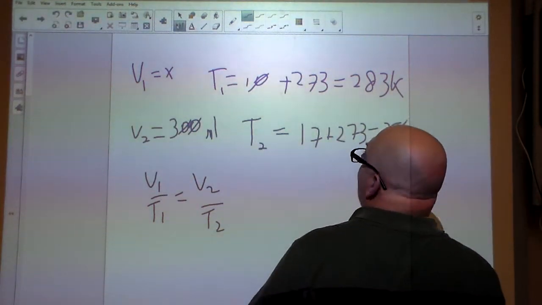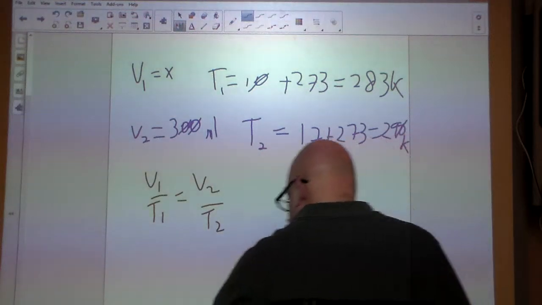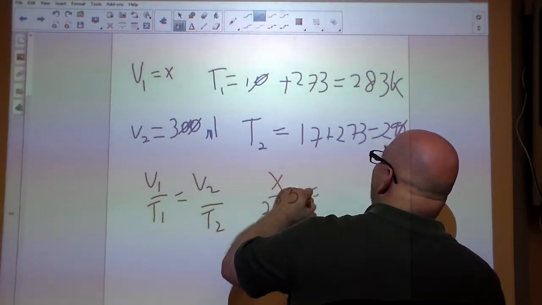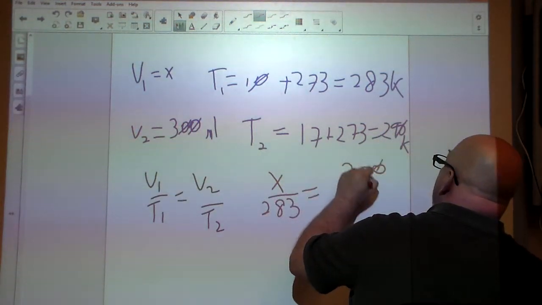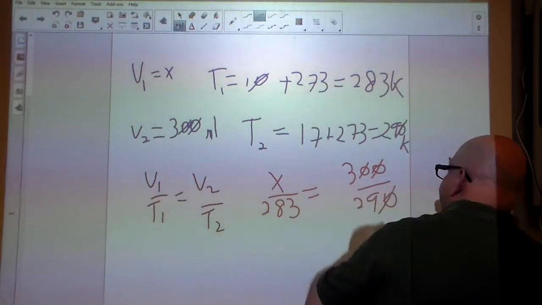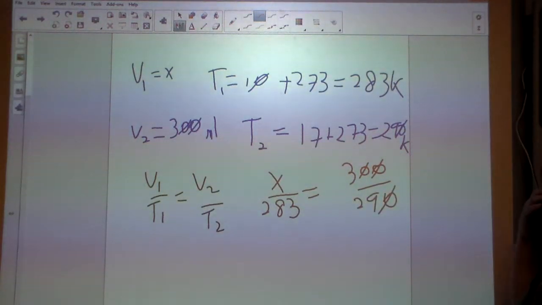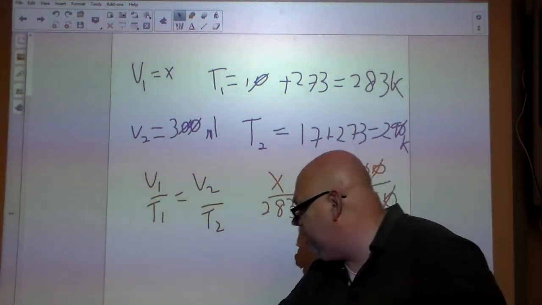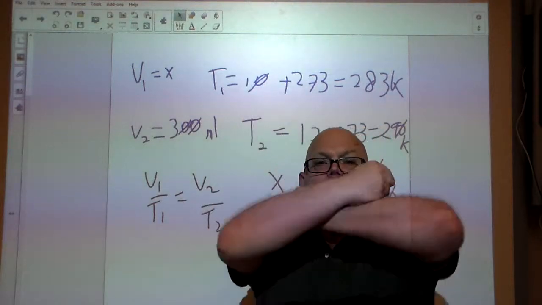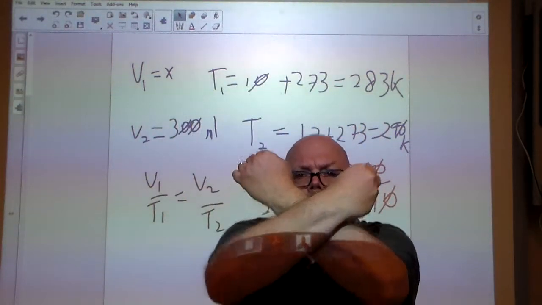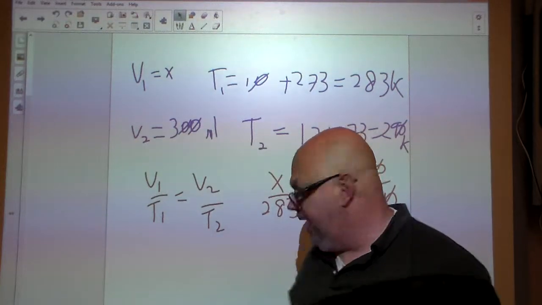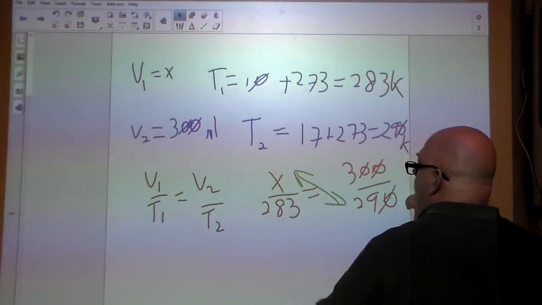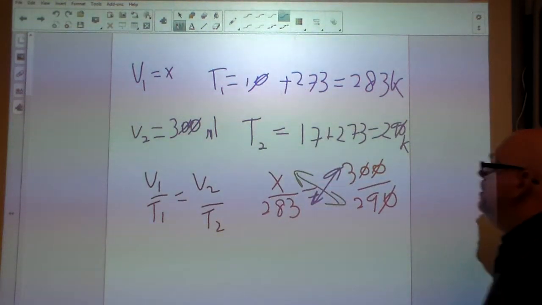So now V1 is X, so we're going to go X over 283 is equal to 300 over 290, and solve for X. Not too bad because we can cross multiply, divide. And again, we do the same thing. Cross multiply.